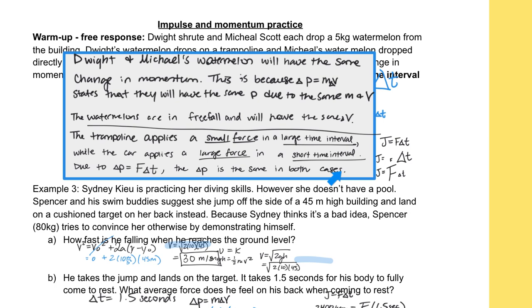So large force equals more broken bones. Smaller force equals less broken bones, right? Due to F delta t, the change of momentum is going to be the same in both cases. When you multiply the force and time together, you will get the same momentum change, which backs up why both objects have the same momentum.